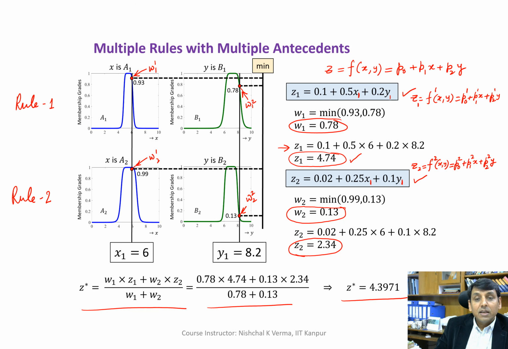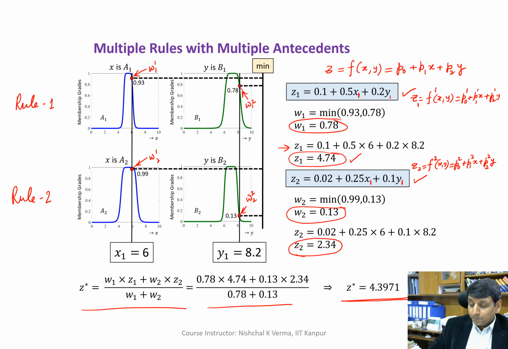So this way, if we have a TSK fuzzy model which is characterized by a set of multiple rules with multiple antecedents, then we proceed in this manner.